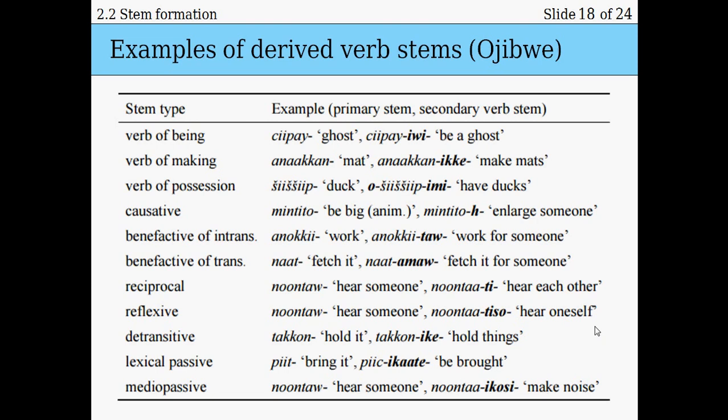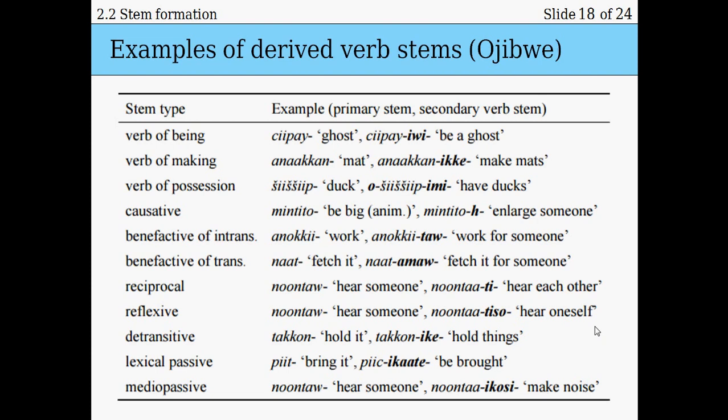You can also derive verbs from other verbs. So if you take a verb like mento, which means to be big, and you add a suffix h, you get mentito, which means to make somebody be big, right, or to enlarge someone. And you can do benefactives, to work for someone, reciprocals, reflexives, detransitivizing.